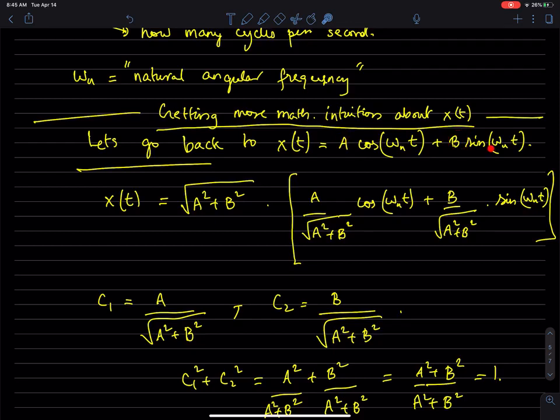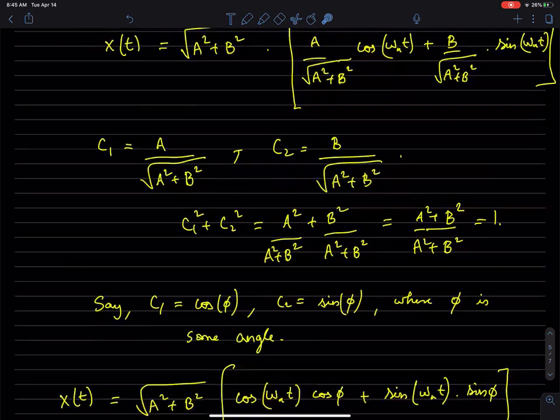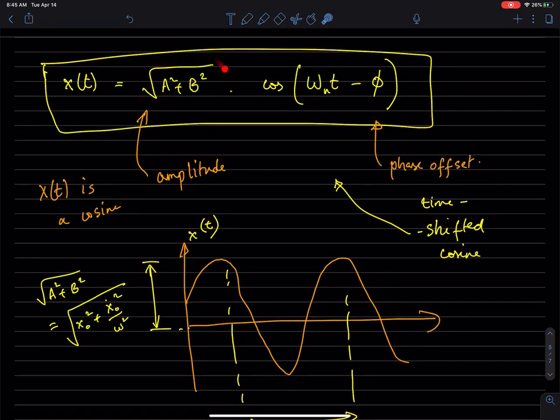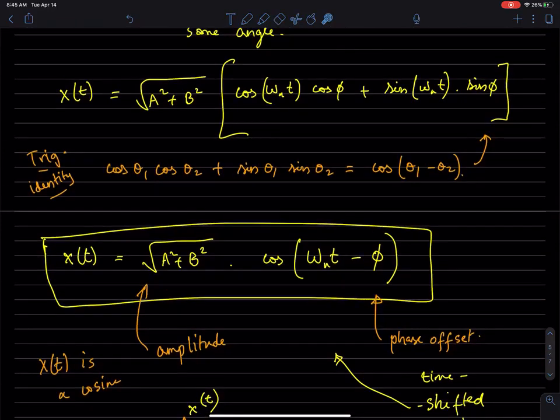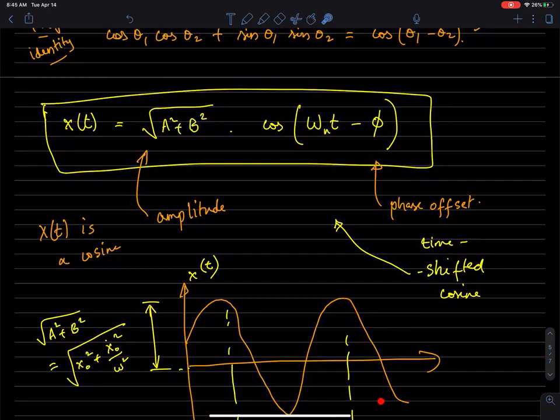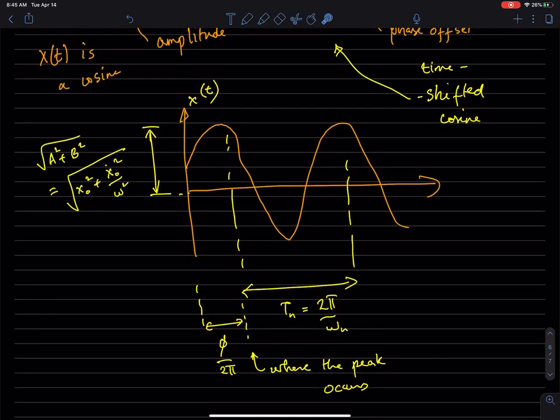If the cosine and the sine have the same frequency, then what we've just shown is that a cosine plus a sine, independent of the individual magnitudes, results in a shifted cosine with some amplitude that depends on both the sine and cosine terms. Essentially x of t equals a cosine omega t plus b sine omega t is equal to a cosine-like curve that has amplitude square root of a squared plus b squared, the same frequency as both the sine and the cosine, and a phase shift, which corresponds to a time shift, phi over 2 pi. That's the big expression.